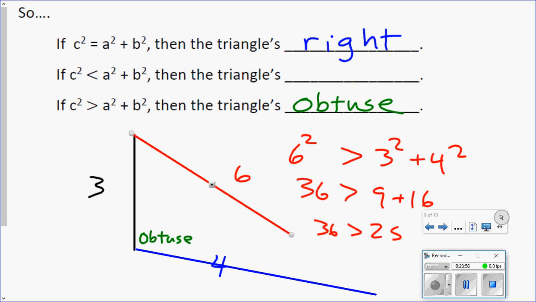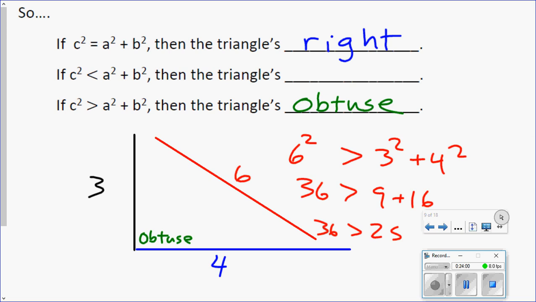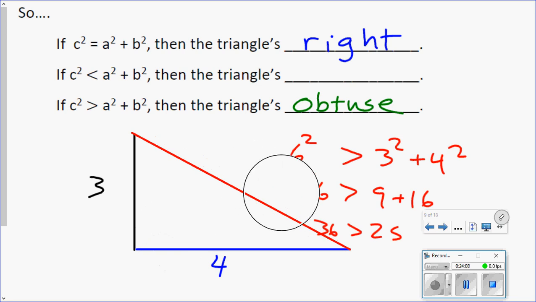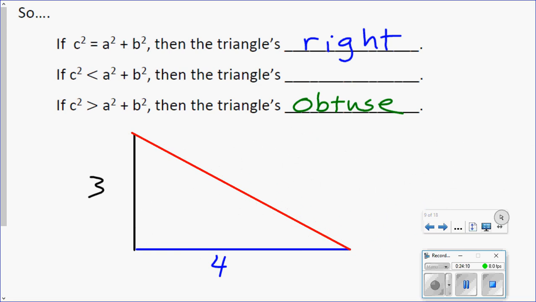Go back to a 3, 4, 5. Okay, here's our 3, 4, 5. If I make that hypotenuse shorter, now I can't make it too short.